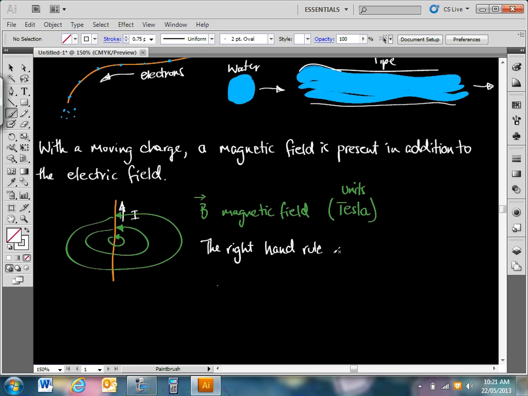The right hand rule. Who knows the right hand rule? Who has heard of the right hand rule? Oh, just because I said it? Yes, good. Right, that's fine.